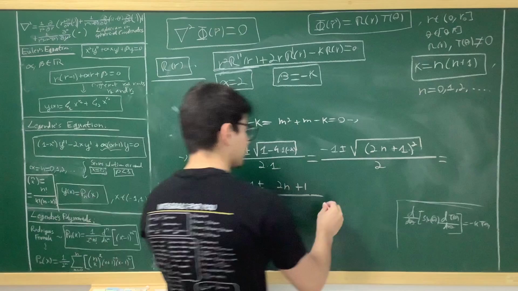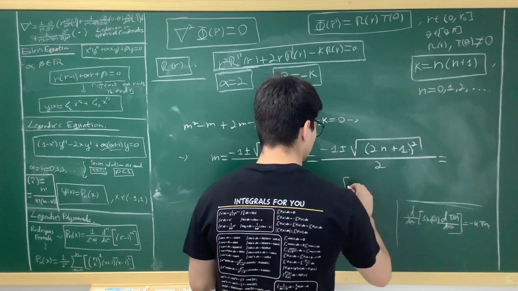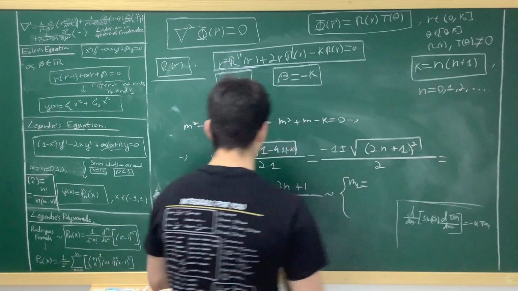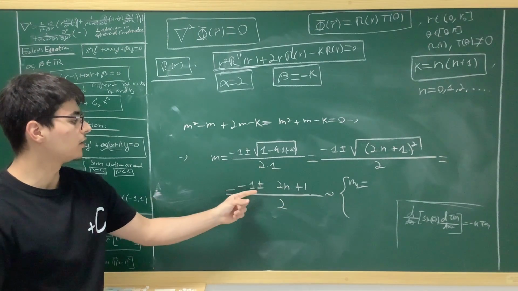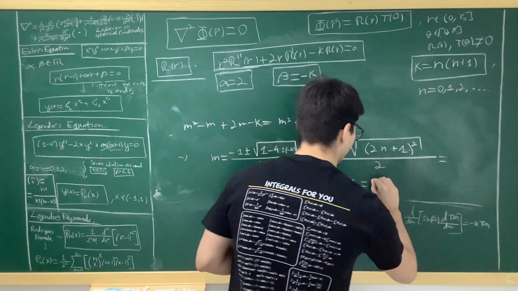And this leaves us with two solutions. The first solution, I'm just going to call it n1, is just negative 1 plus 2n plus 1, this cancels out with this one, 2n over 2 is just n, so n.